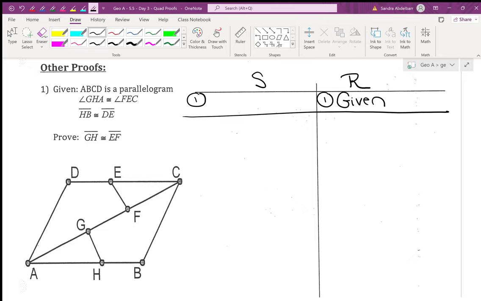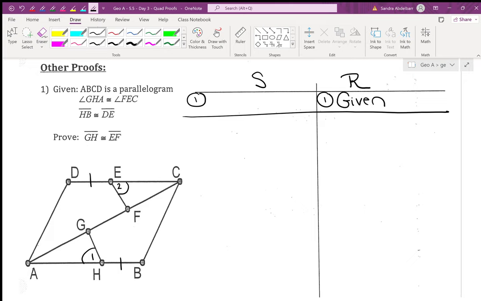Then it says angle GHA, so follow your letters, angle G to H to A. I'm going to call this angle 1 right here. Angle 1 is congruent to angle FEC, which I'm going to call angle 2 right here. Then we have that HB is congruent to DE, so I'll mark that.